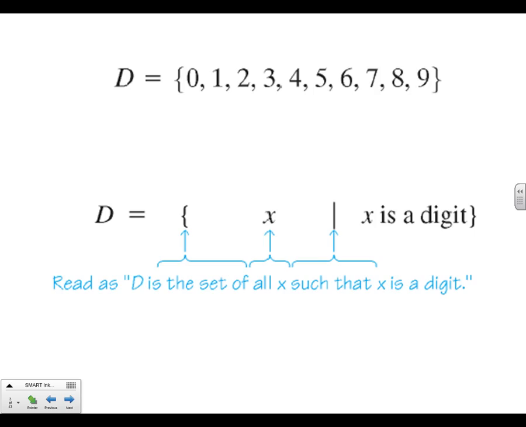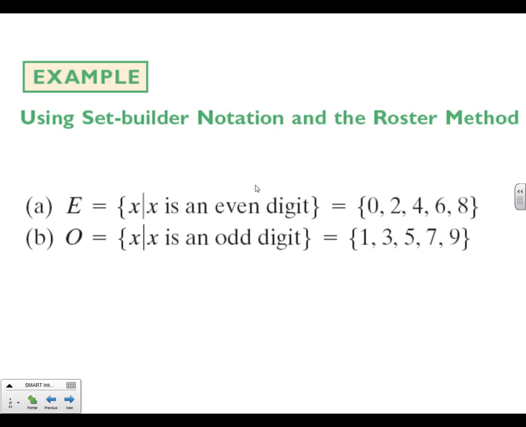All right, so sets: the set D, 0, 1, 2, 3, 4, 5, 6, 7, 8, 9 up here. Not 1.1 or 2.1, just the numbers 1 and 2 and 3 and so on. And you'll see here, we read this, x such that x is a digit. The key one here, this bar, is the such that, a restriction. There's a little bit in the textbook about set builder notation.